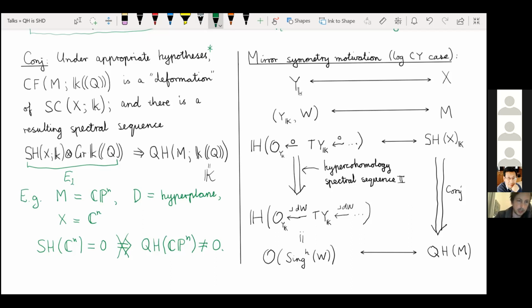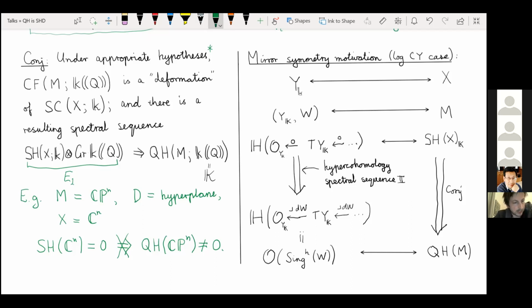Okay, but even to think about this as a statement about cochain complexes of vector spaces, you already need to impose hypotheses, or it's just not going to be true, as the case that M is projective space and D is a hyperplane shows.